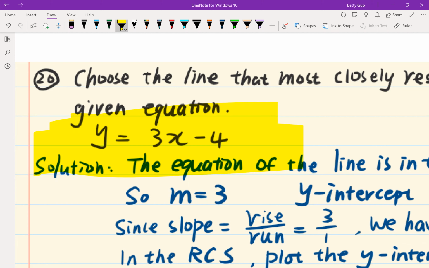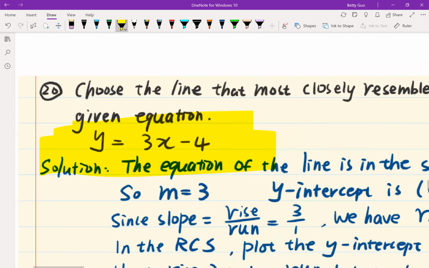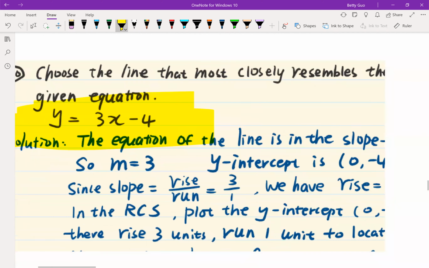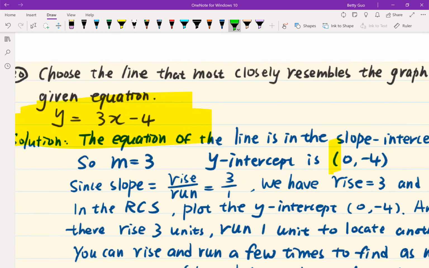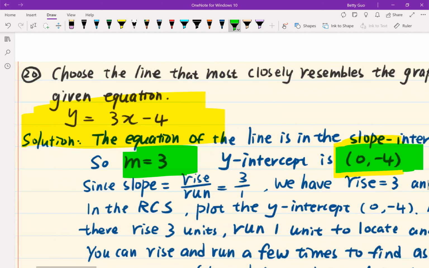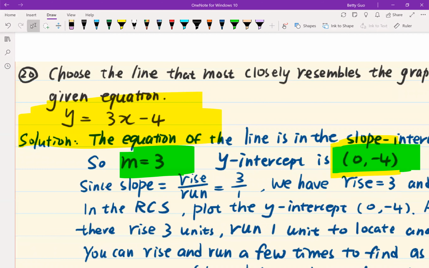So what's the slope? What's the y-intercept? Yes, 0, -4. Slope is 3. For number 20, you will be given 4 graphs, A, B, C, D. You need to choose the correct straight line corresponding to the equation y equals 3x minus 4.